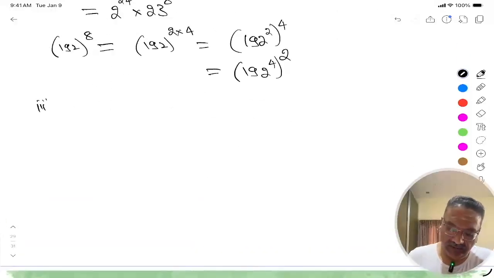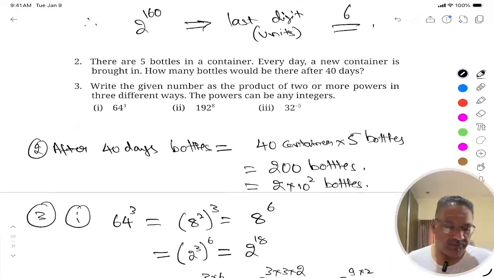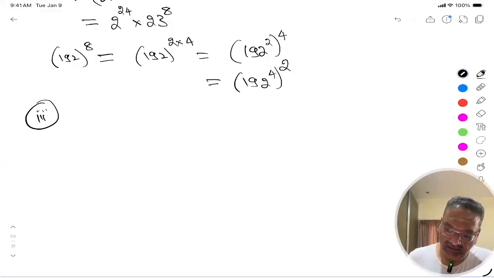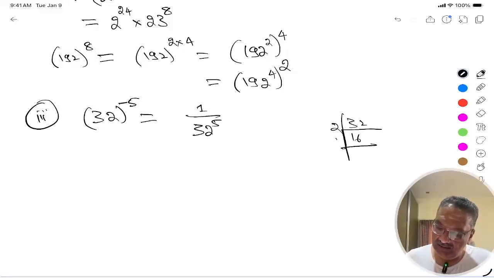What is the third one? 32 to the power of minus 5. This we know is 1 by 32 to the power of 5. This is one way of writing. Also 32 can be written as 2 to the power of 5. 32 is 2 times 16, 2 times 8, 2 times 4, 2 times 2.